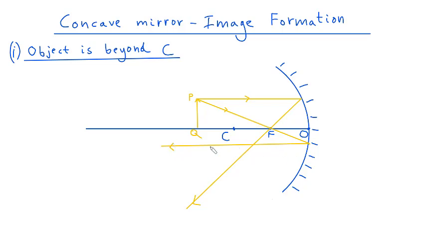So this ray here again is parallel to this line here, the optical or principal axis.